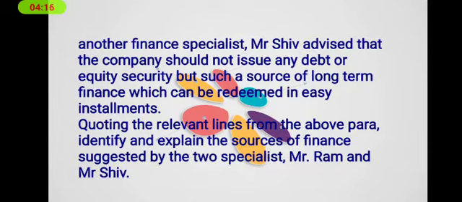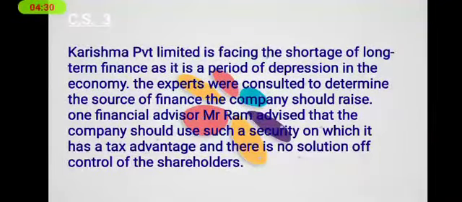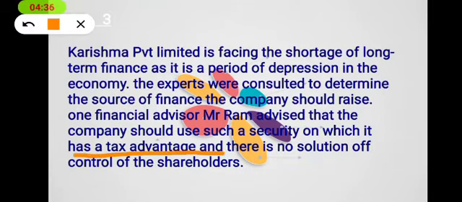So in this case, there are two experts, two specialists of funds, Mr. Ram and Mr. Shiv. They both suggest different sources of finance. Let's see the suggestion of Mr. Ram. He advised the company should use such a security on which it has a tax advantage and there is no dilution of control to the shareholders.